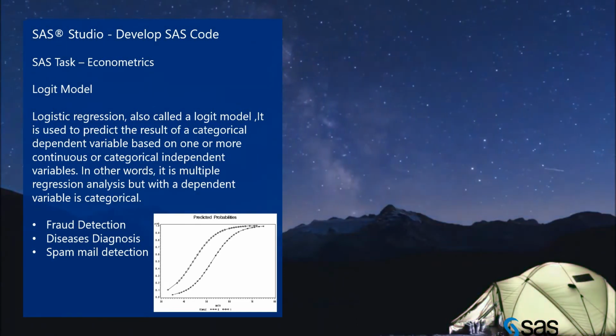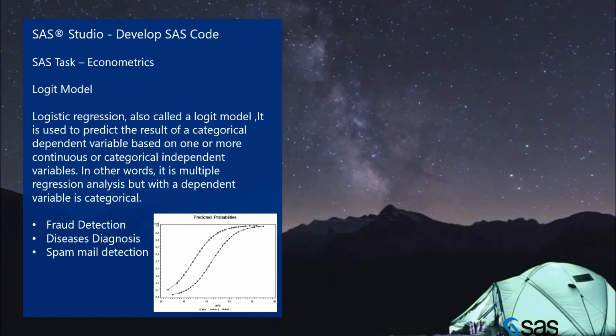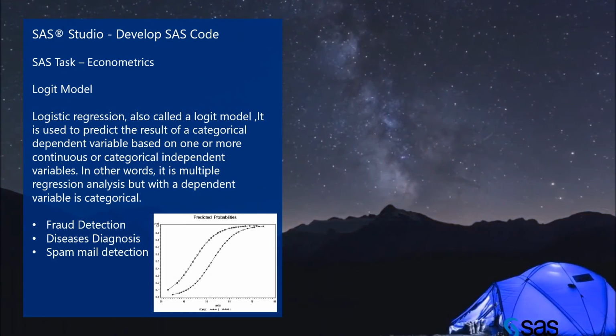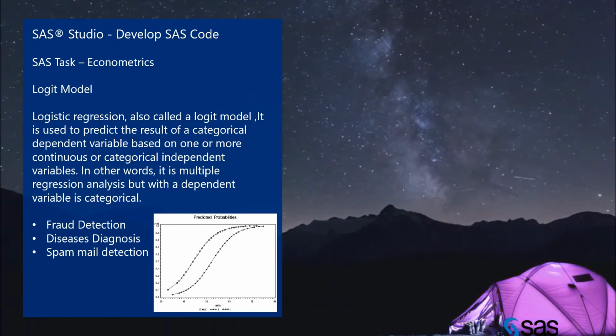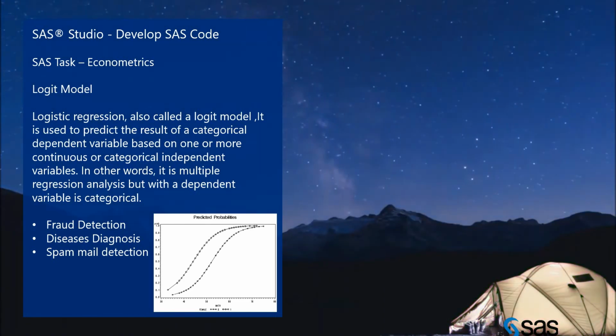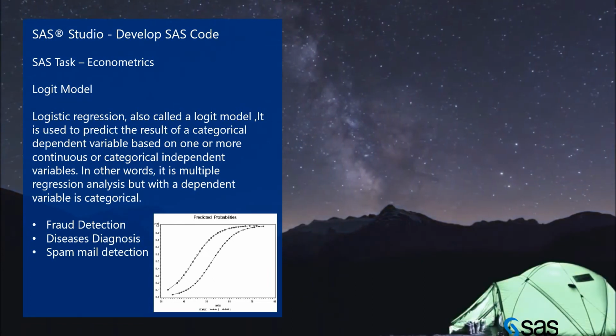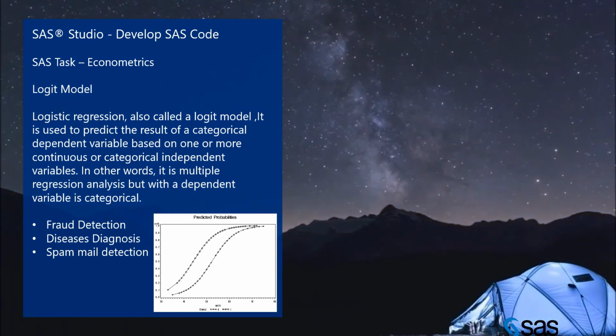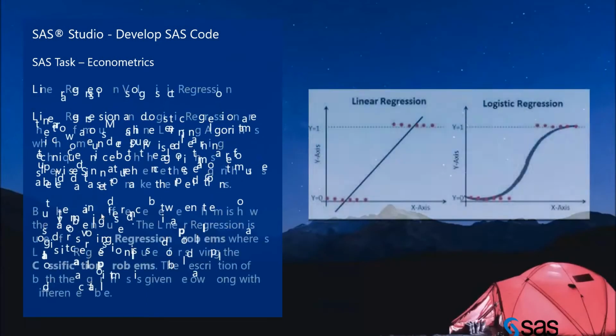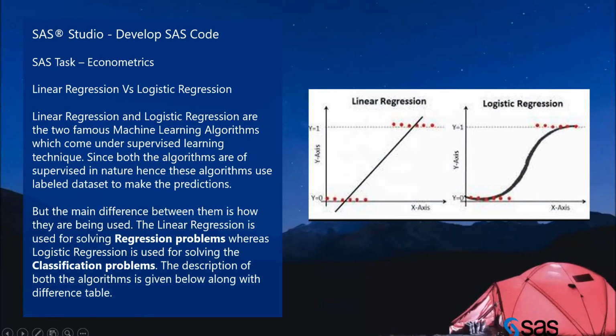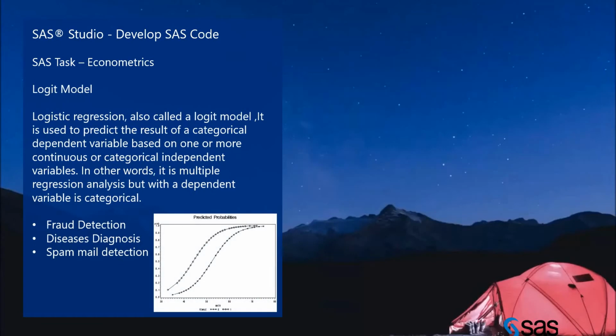This can be extended to model several classes of events, such as determining whether an image contains an animal, let's suppose cat, dog, lion, etc. It is used for fraud detection and disease diagnosis.